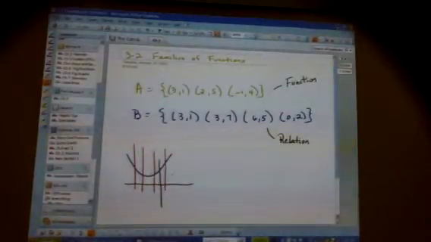So I think you can imagine, even though I've only put 4 vertical lines on the picture, that no matter how many I put up there, how many times is a vertical line going to touch this graph? Once. So this is an example of a function also. Okay?